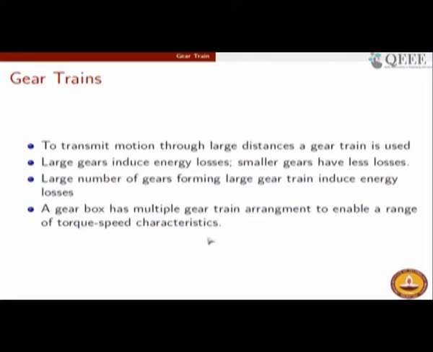So therefore, there have to be multiple gears for the diverse driving conditions that we will encounter. So this can be attained not by a single gear arrangement, but by a multiple gear arrangement. And all that multiple gear arrangement can be very efficiently accommodated in what is known as a compound gear train, which is what we will study.